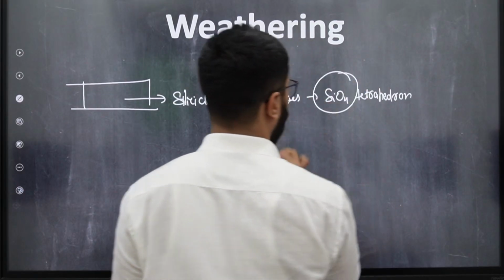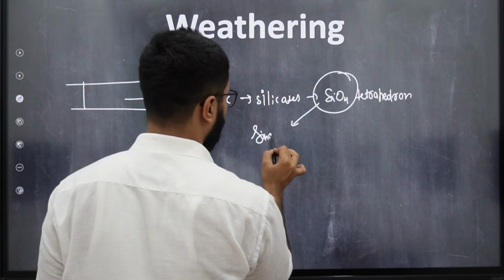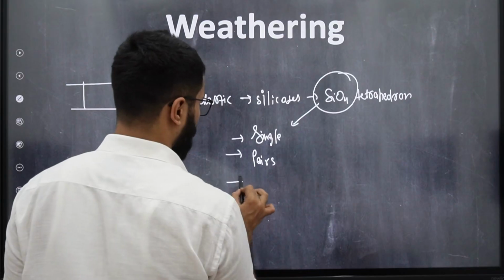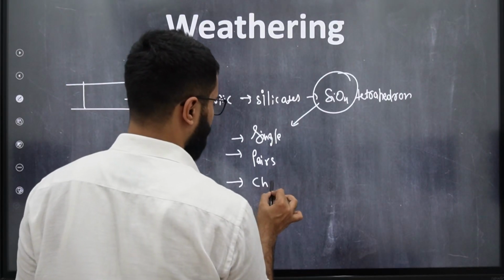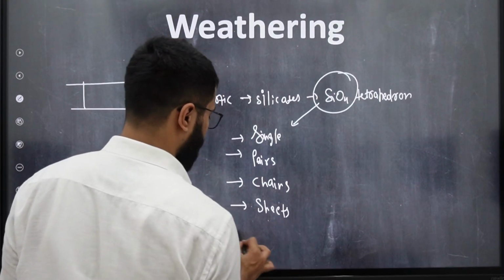So these SiO4 tetrahedra in mineralogy, you will see that they are either single in nature, or they can exist in pairs, or in chains, or in sheets, or in 3D frameworks.